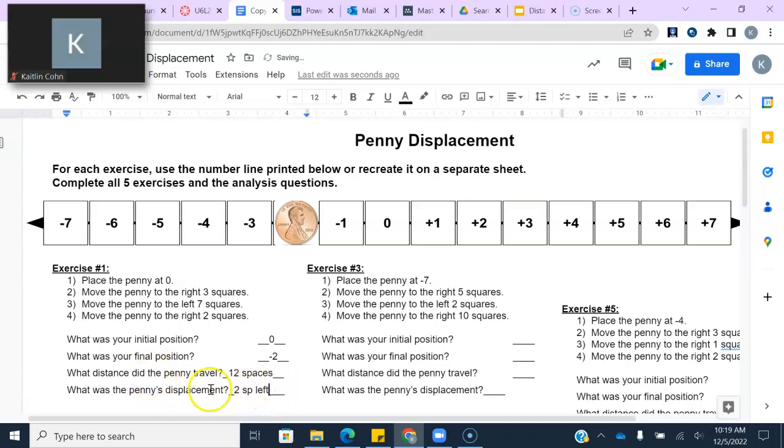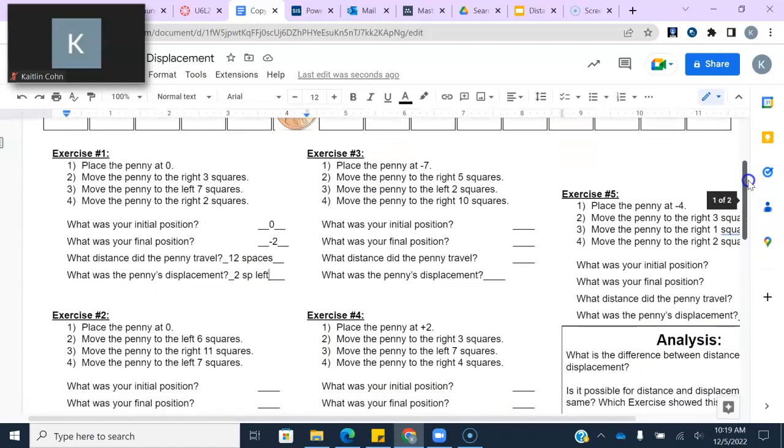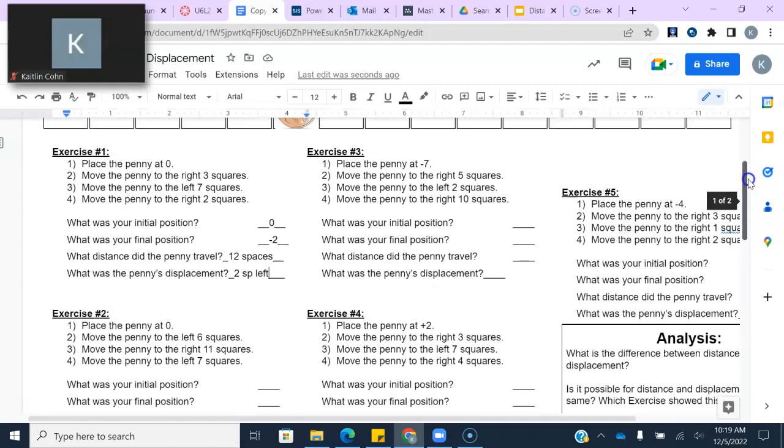Because remember, displacement is a vector quantity, so it does need a direction. So when you guys are answering these questions, remember that your distance is just going to be a unit, and then your displacement will be a unit and a direction, okay? Distance is scalar, displacement is a vector quantity, okay? So you will just do that for those next exercises. It should be very quick, okay?